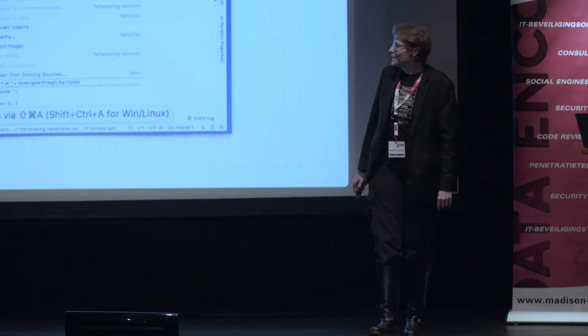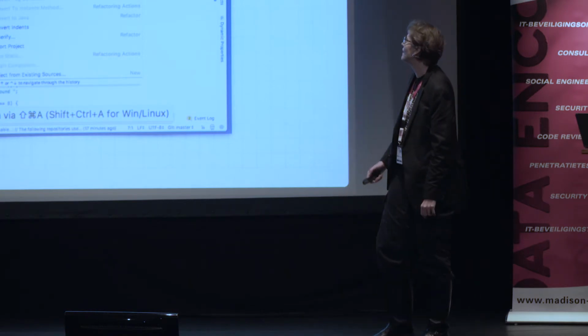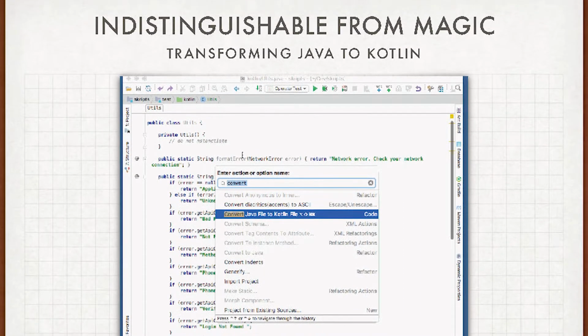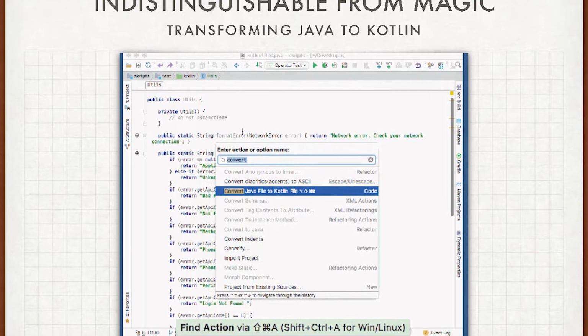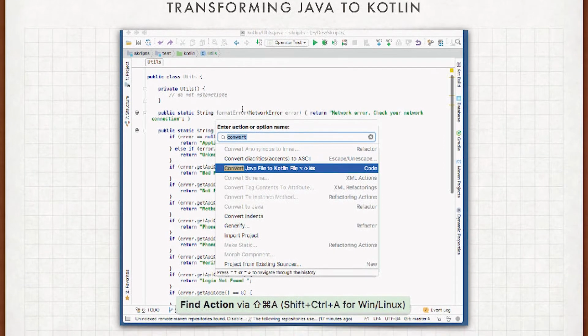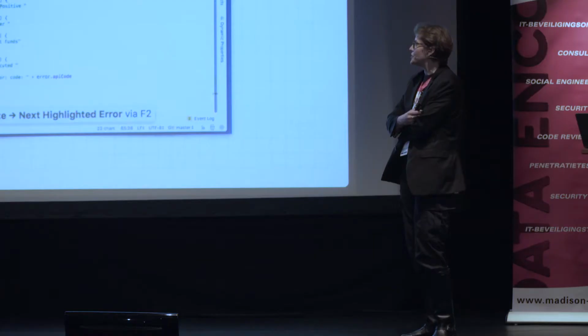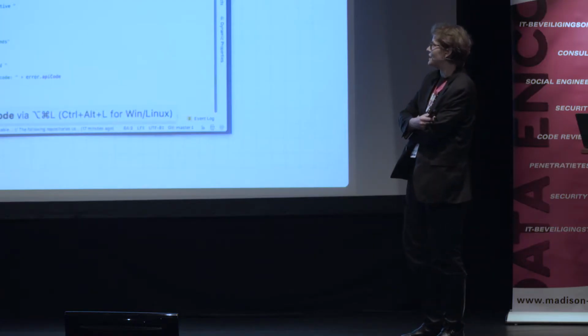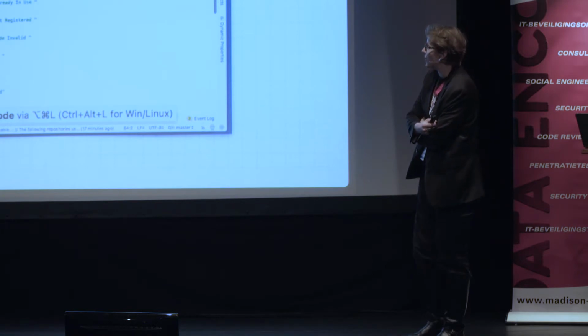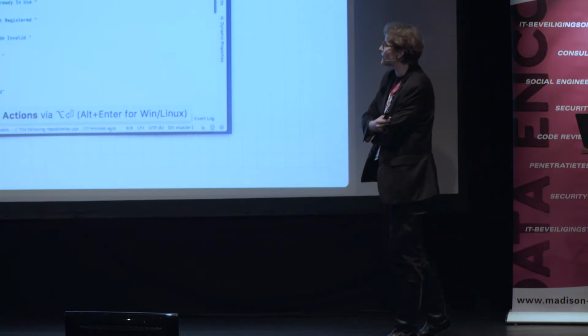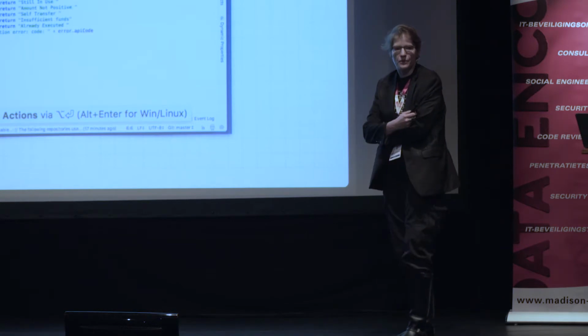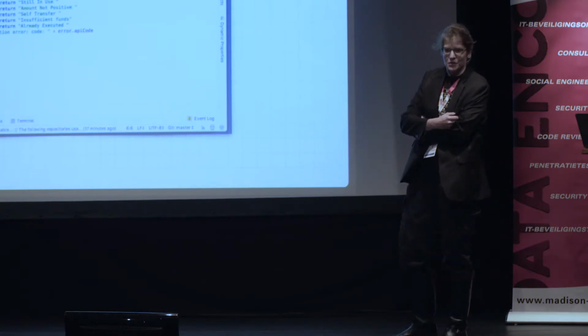So what about the app itself? It turns out that a tremendous amount of Java to Kotlin conversion can just be straight up automated in the IDE. Kotlin is the creation of a company called JetBrains, which also makes the IntelliJ IDE.